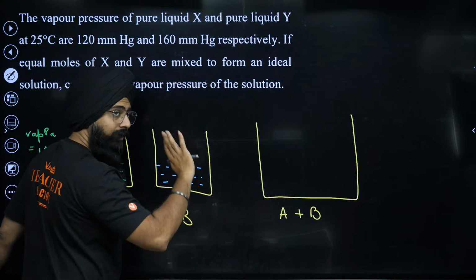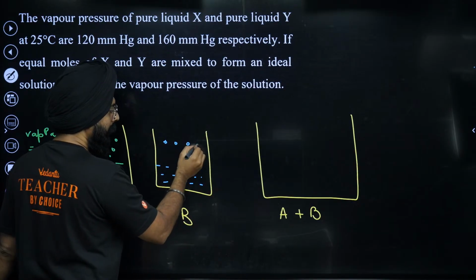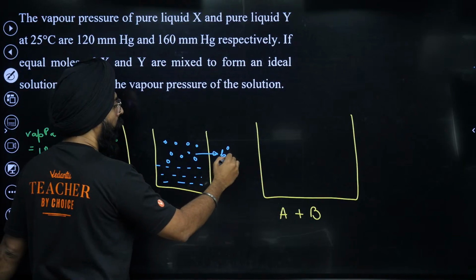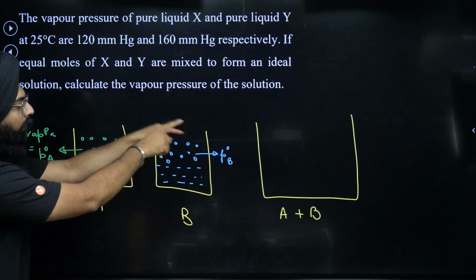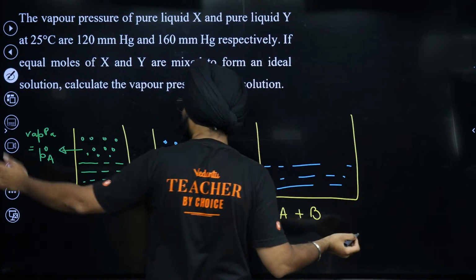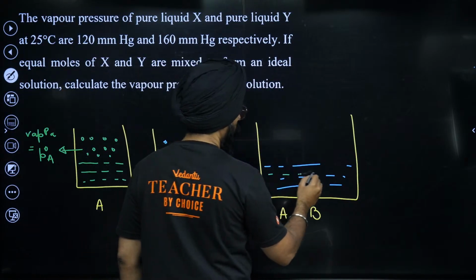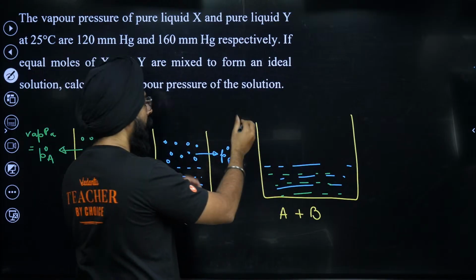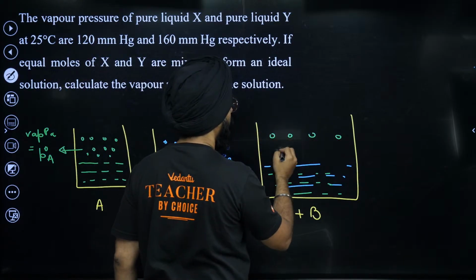Volatile means easily evaporates. So if it easily evaporates, it exists in the gaseous phase also. P naught B. Now when we mix these two together, you have some B in the liquid phase, you have some A in the liquid phase, and obviously both of them being volatile will also be in the gaseous phase.